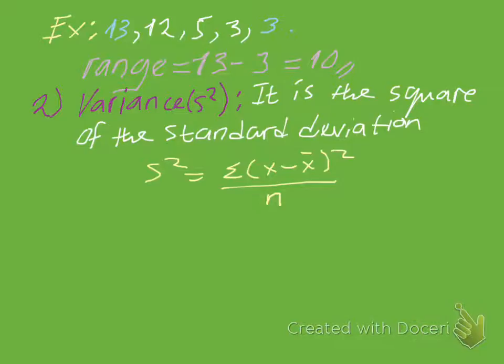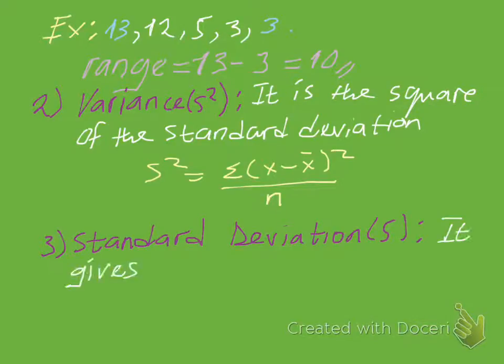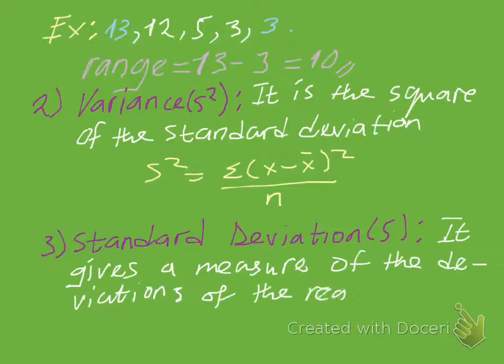Don't be scared that you don't know what standard deviation is. I'm using it to define variance because the next point is standard deviation. From standard deviation, you say, if I square this, I get variance. Standard deviation gives a measure of the deviations of the readings from the mean.